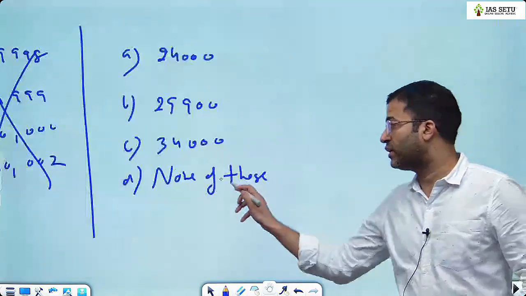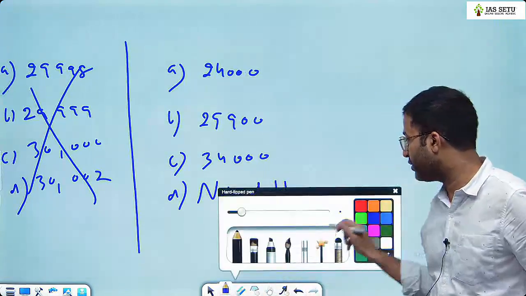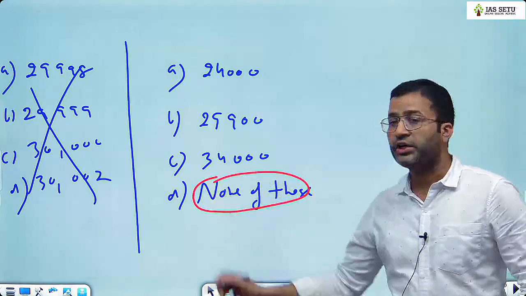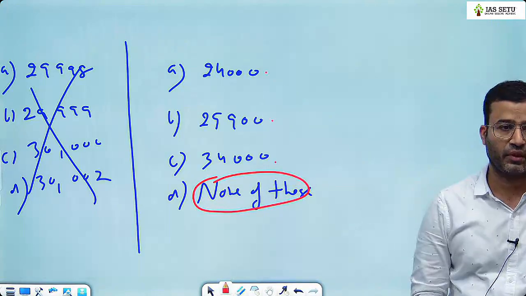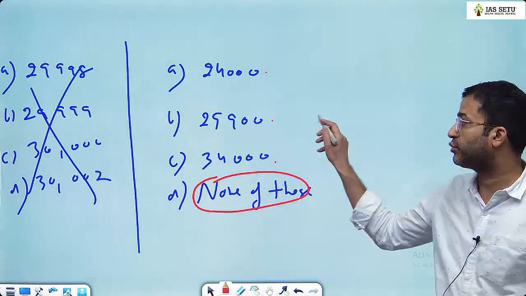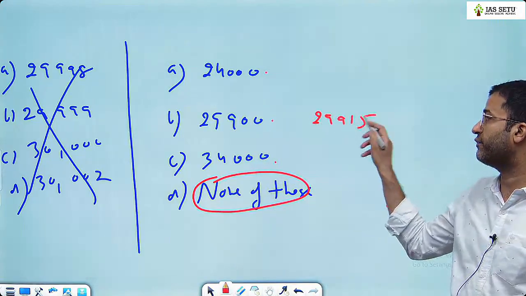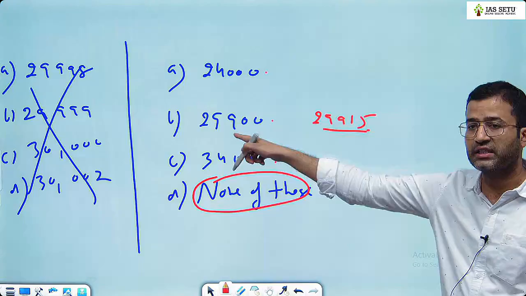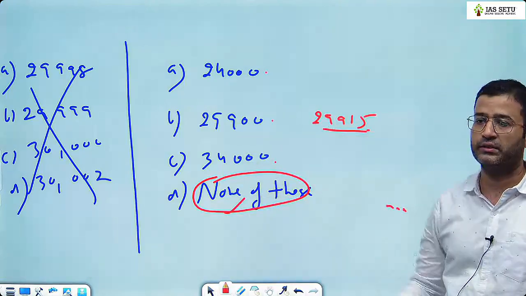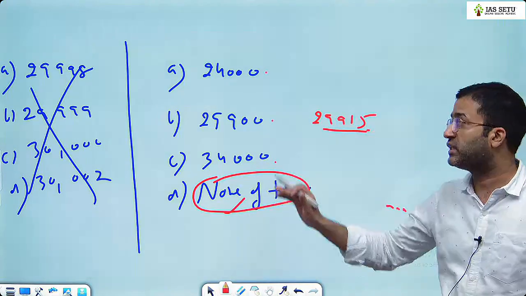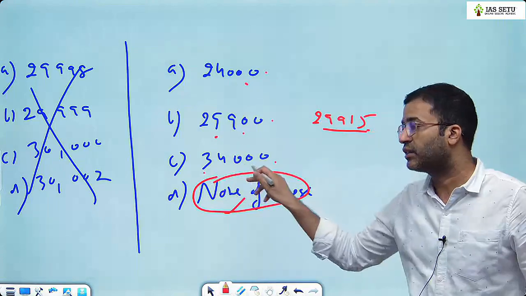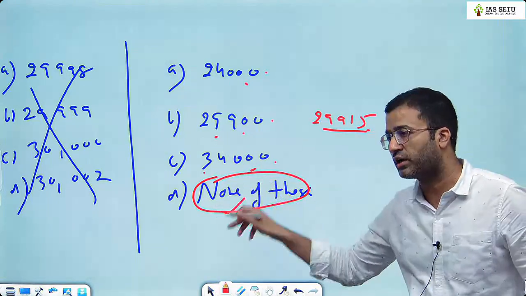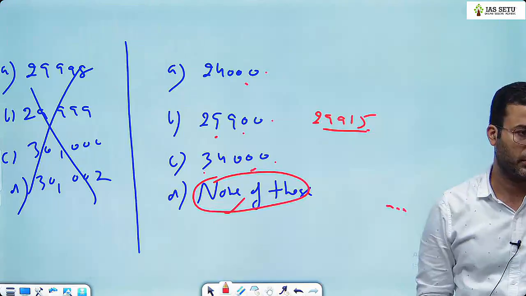None of these has a huge umbrella. It covers all other values other than these 3 values. If your correct answer is coming 29,915, you cannot say this is the answer. Your answer will be D. All other answers other than 24,000, 29,900, 34,000, you have to mark D. None of these.